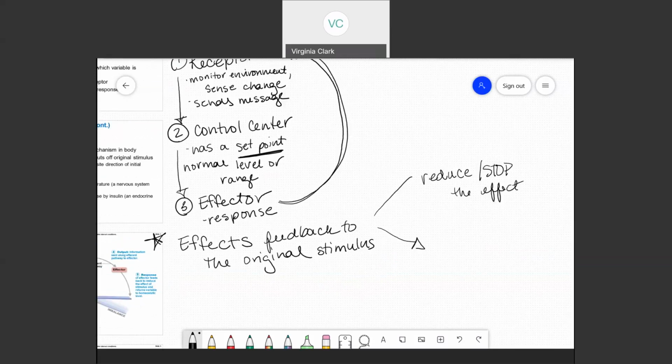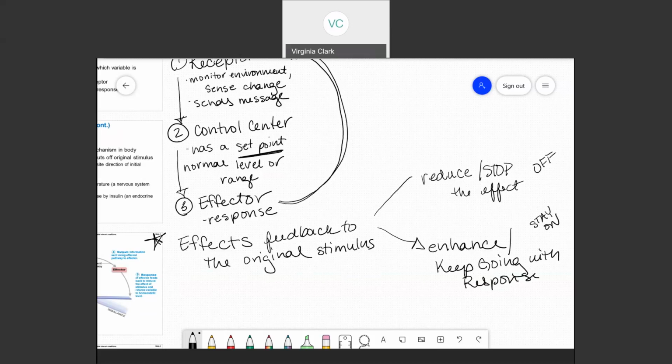So we've got this effector right here, and it's going to do some sort of response. I can either stop it and turn it off, or I can enhance it and keep going with the response. Essentially, it's not turn off or turn on, it's more so turn off or stay on.